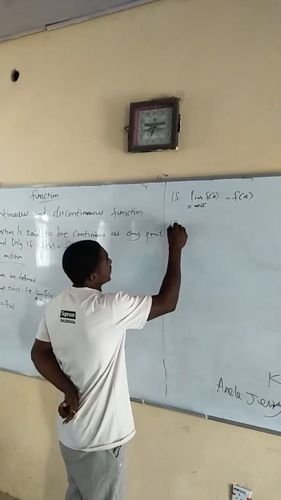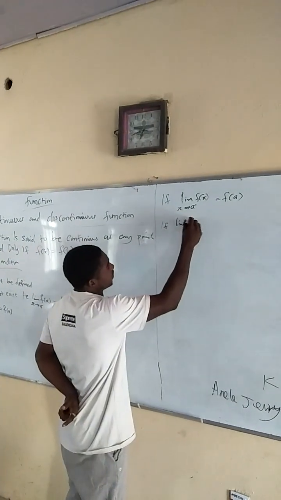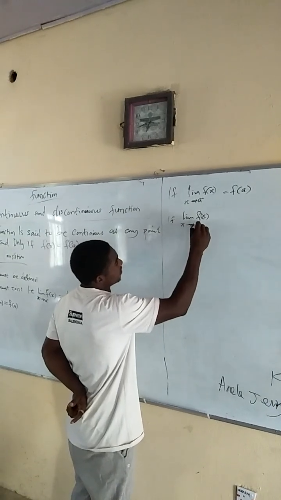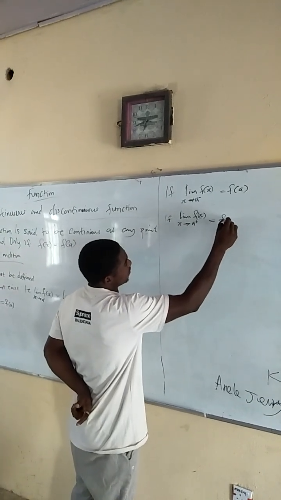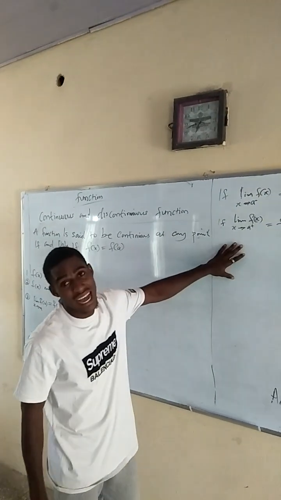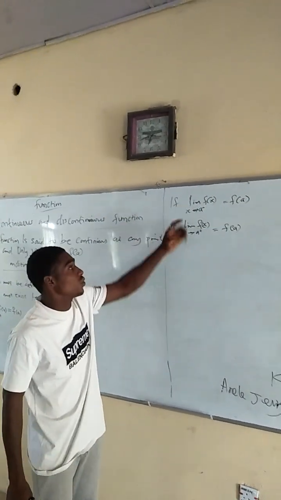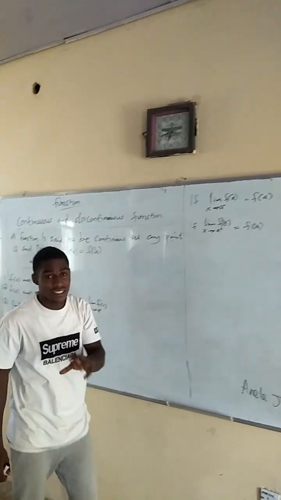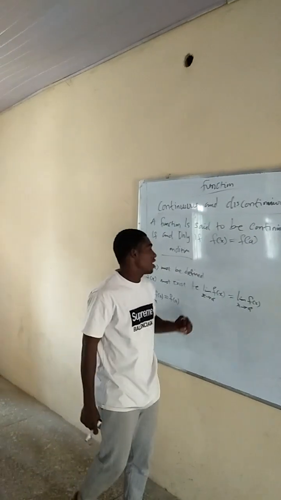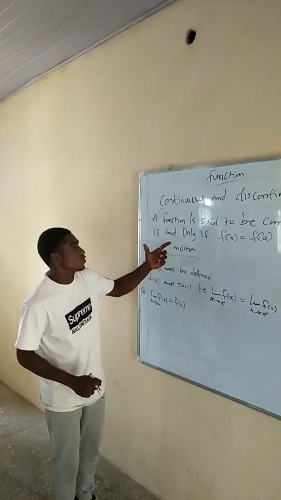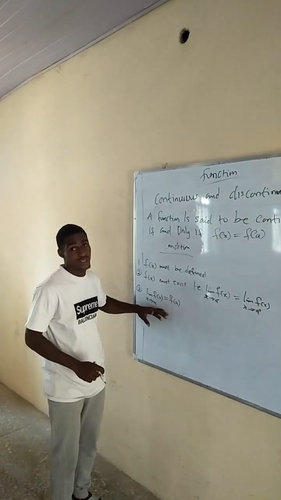And if the limit of f of x as x approaches a from the right is equal to f of a, we say the function is continuous from the right. But this doesn't guarantee the continuity of a function. The main conditions for a function to be continuous are that these three conditions must hold.